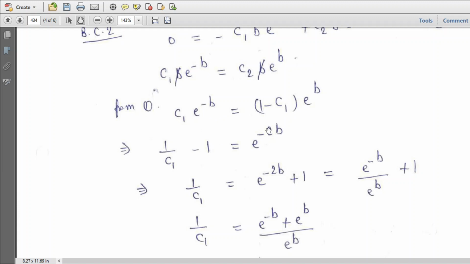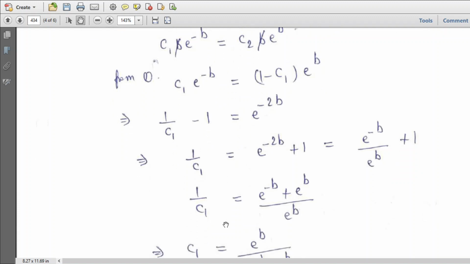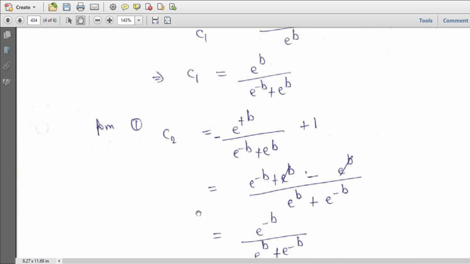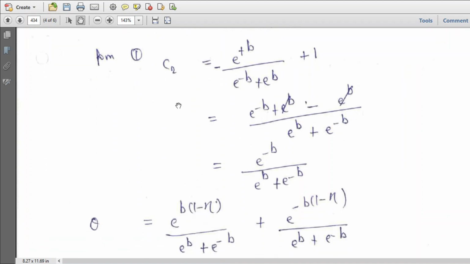Now this equation can be solved, and finally you will end up with the value of C1. C1 would be equal to e to the power b upon e to the power minus b plus e to the power b. Now this C1 substituted into equation number 1, and you will end up with the value of C2. So C2 finally would be e to the power minus b upon e to the power b plus e to the power minus b.